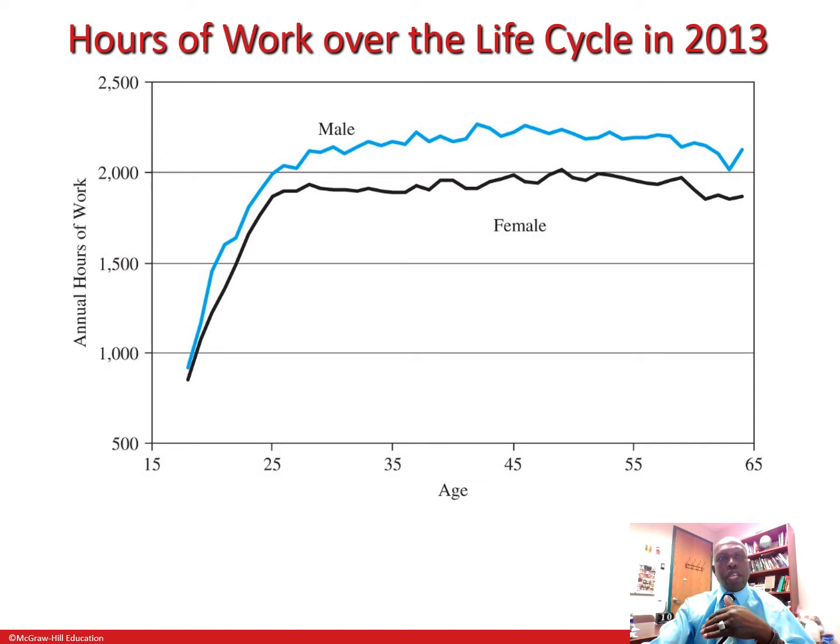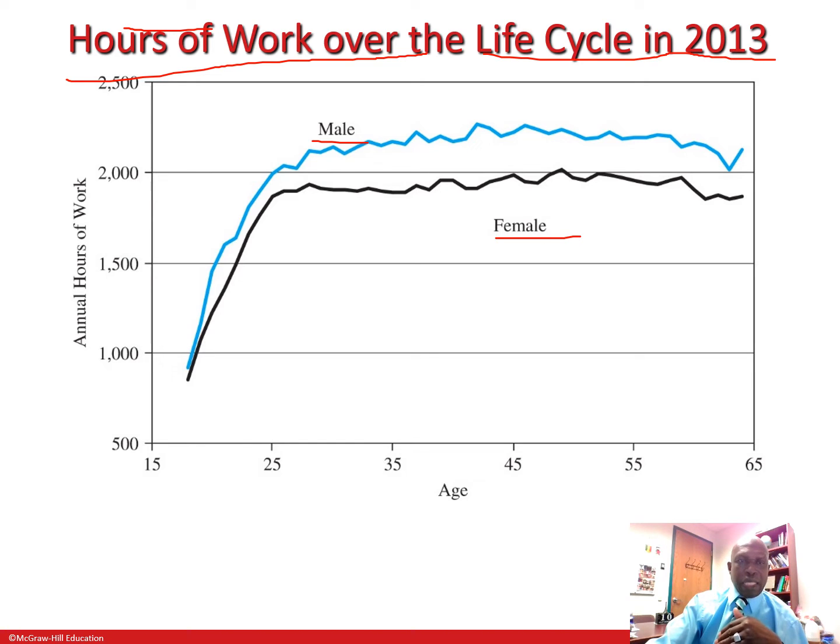Looking at the graph of the hours worked over the life cycle in 2013 in the US, for both males in the blue line and females in the black line, we can see that at the age of 18, both females and males work about 800 hours annually.